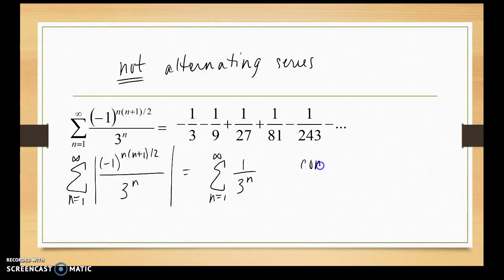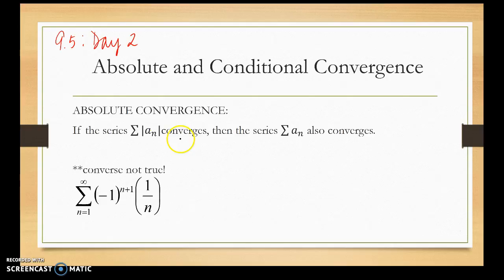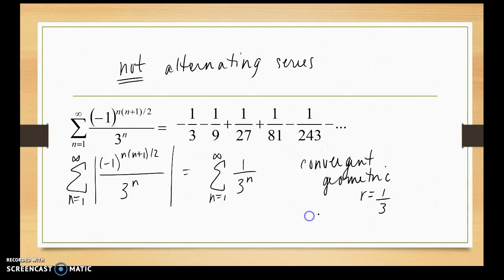This is just a convergent geometric series. Okay, we have a ratio of 1/3. So what does that tell me? All right, well, if the absolute value of this series converges, then the series itself must also converge. And not only that, but it converges absolutely.